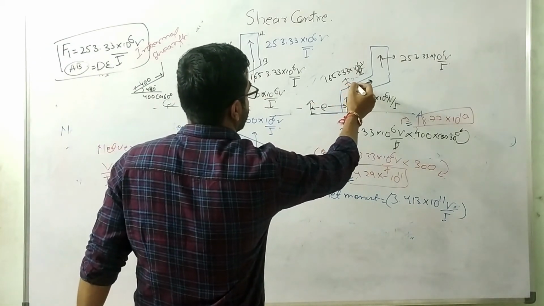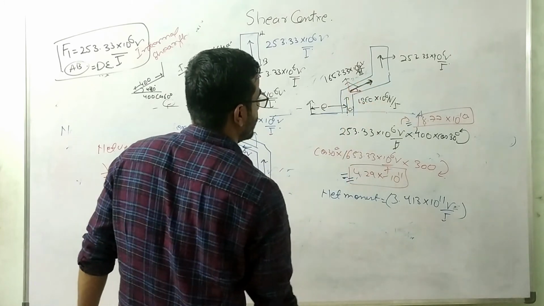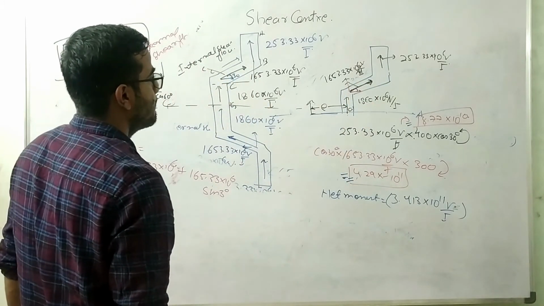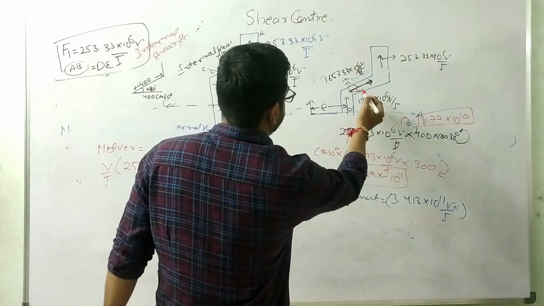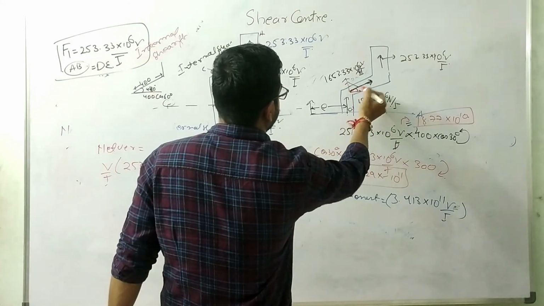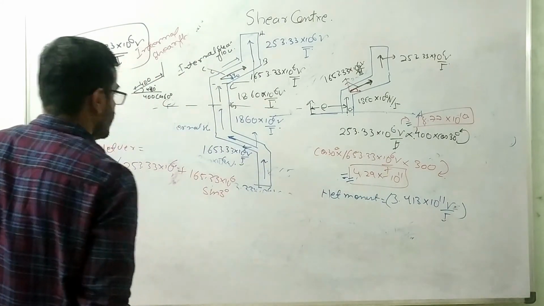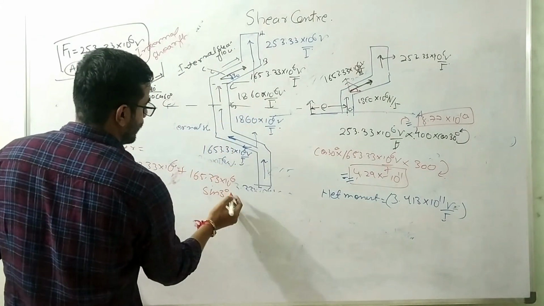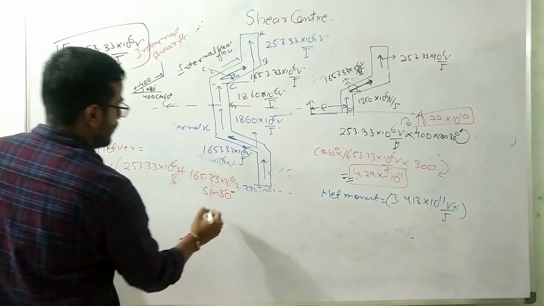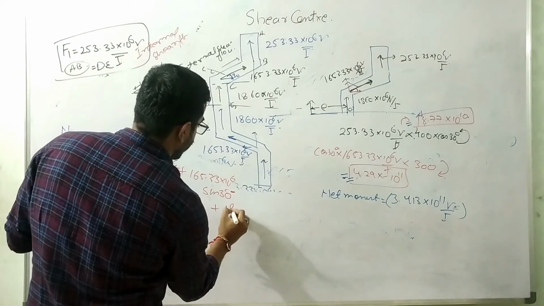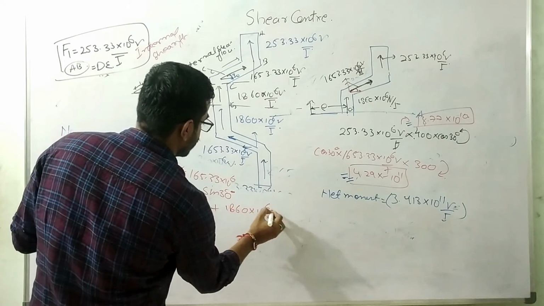I'm just taking the vertical component due to this inclined force, which is sine 30 degrees, plus 1860 into 10 to the power 6.